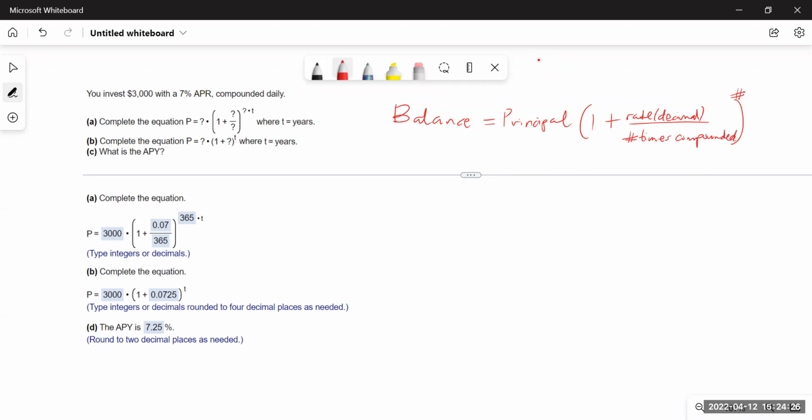I'm going to cut this short to be number of times compounded. And then multiplied by the time, and this time must be in years. So this is the formula that you're trying to fill in.